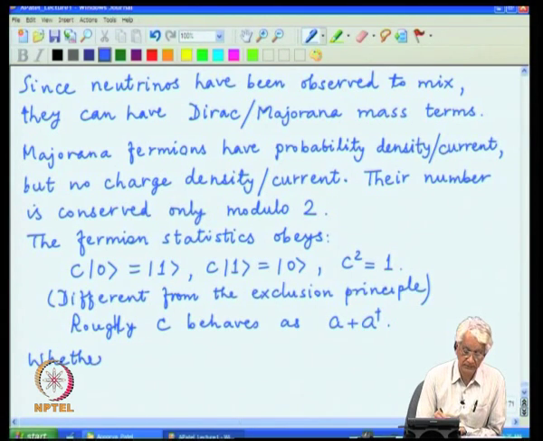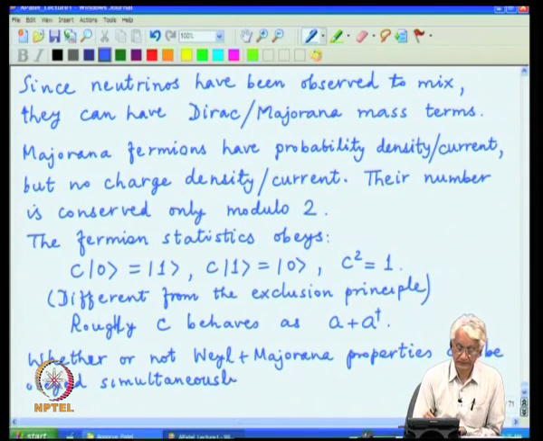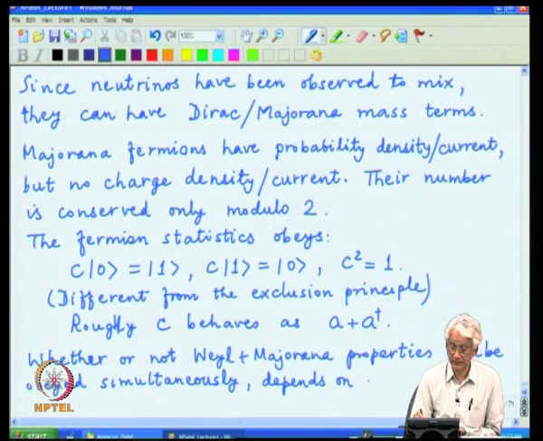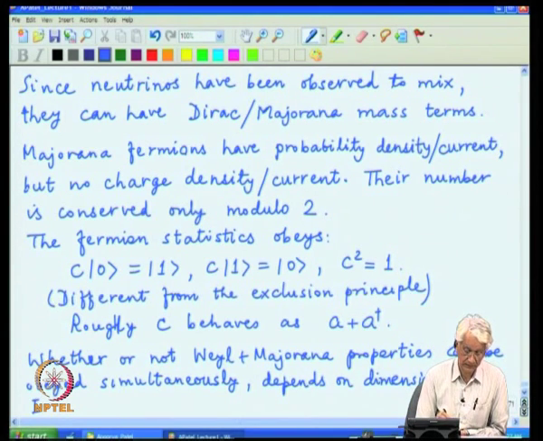Whether or not Weyl plus Majorana properties can be obeyed simultaneously depends on the dimension of the theory, but in our usual case of 3 plus 1 dimensions, it is not possible.